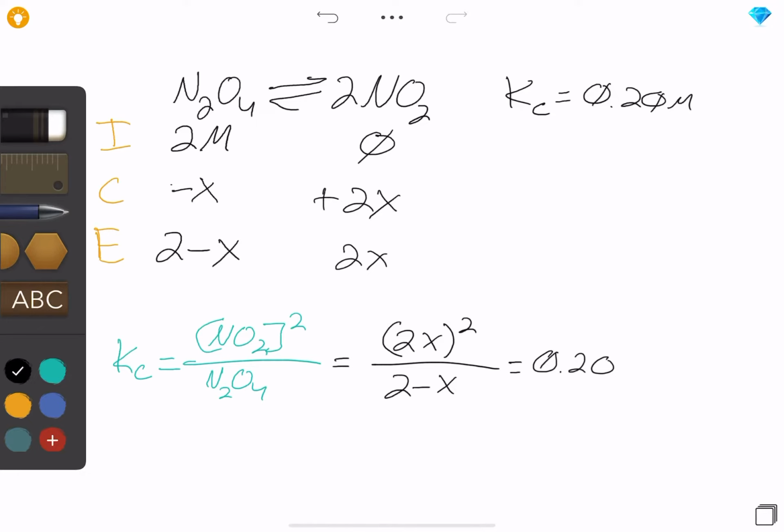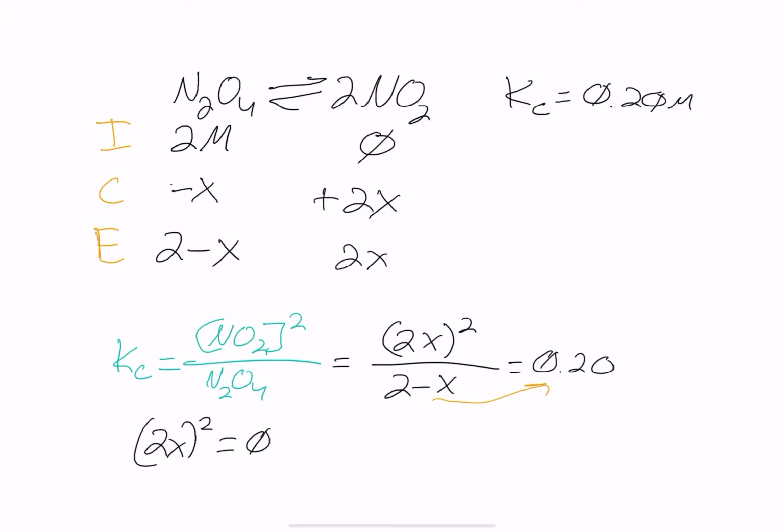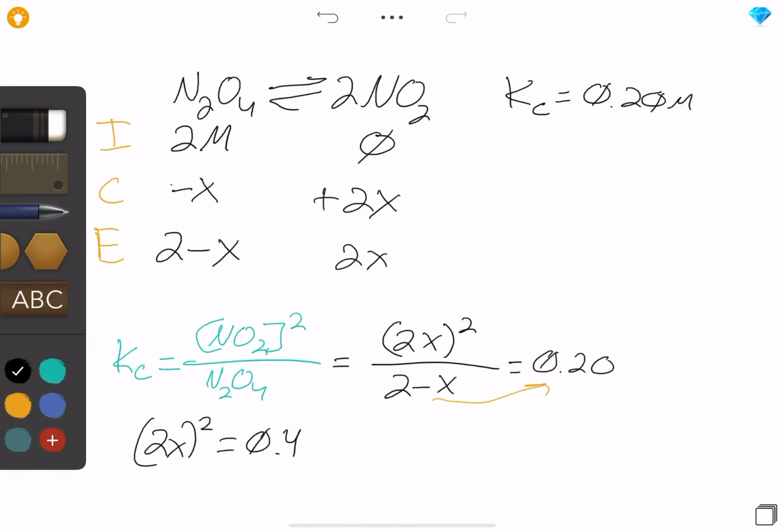Okay, so the first step we can do here is multiply the 2 minus x out. So if we multiply both sides by 2 minus x, we're going to end up with 2 times 0.2, which is 0.4, minus 0.2x.